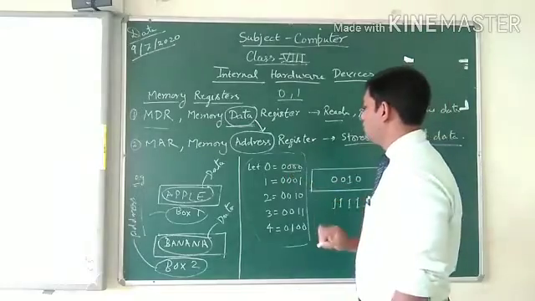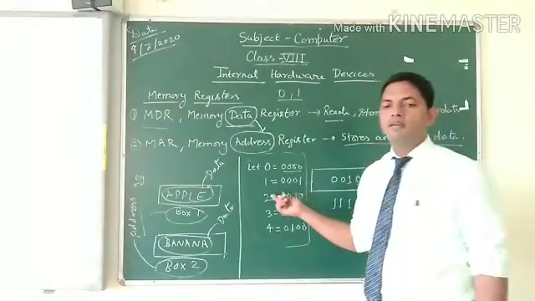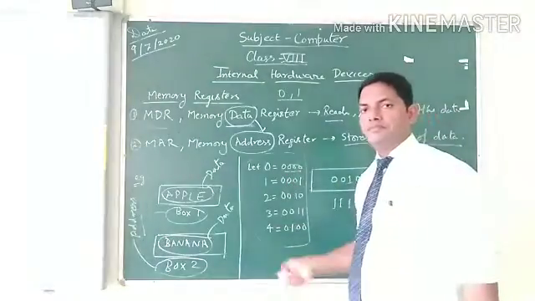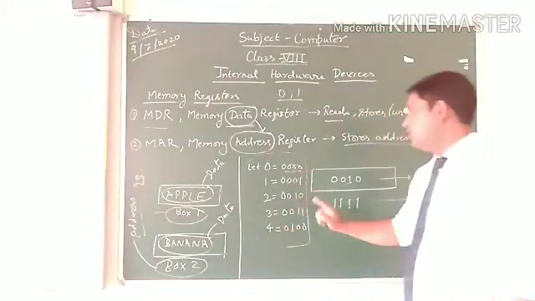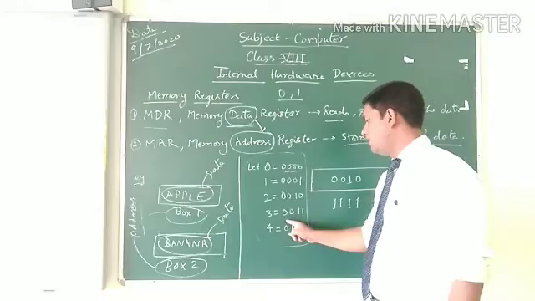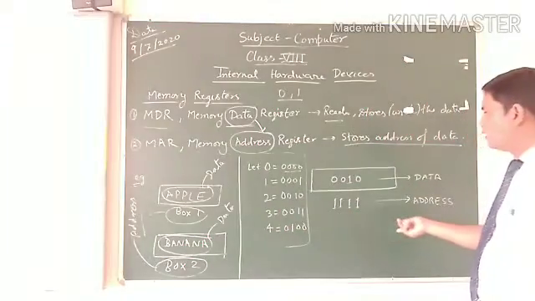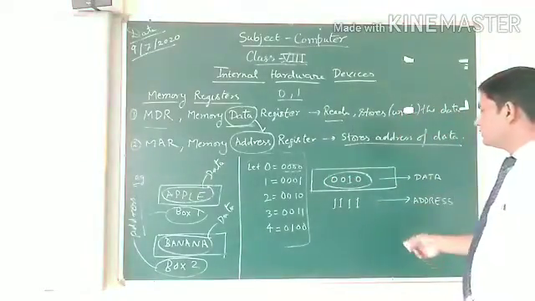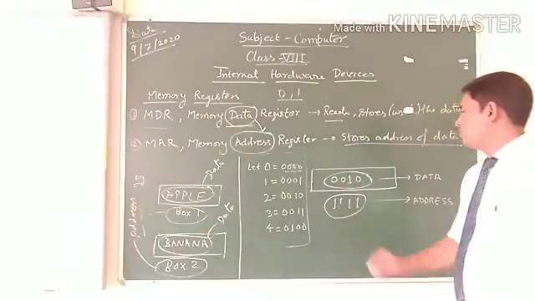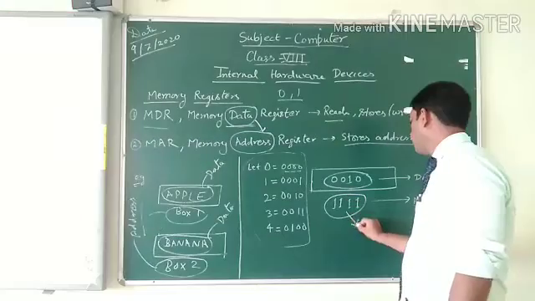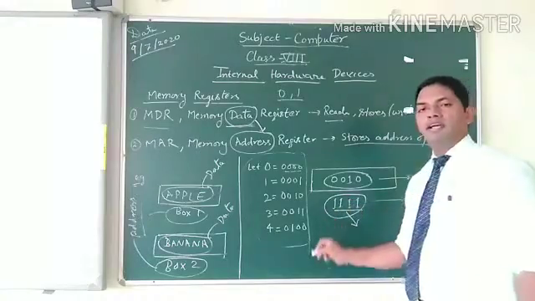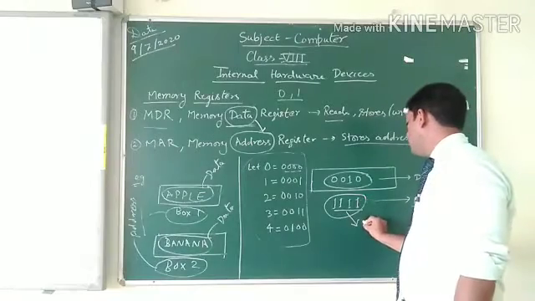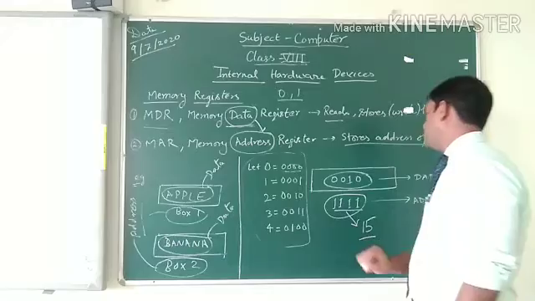Let us take a 4-bit number, in which 0 is defined as 0000, 1 is defined as 0001, 2 is defined as 0010, 3 is defined as 0011, similarly up to 15. Now here, if I say this data is present at this address, we define 1111, and as this is a 4-digit number, it will represent 15.